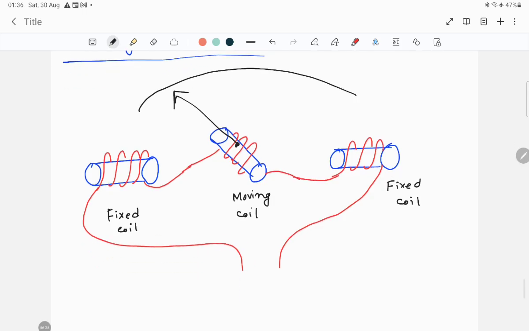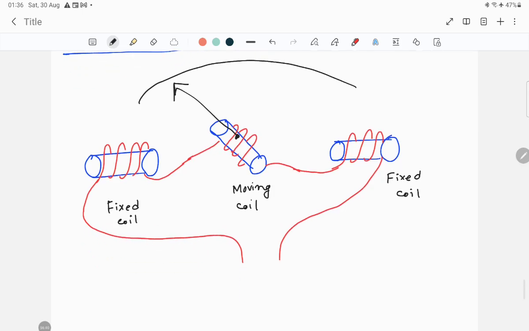Okay, so right now, if we just provide the positive and negative polarity this way, the current will be flowing in this direction.